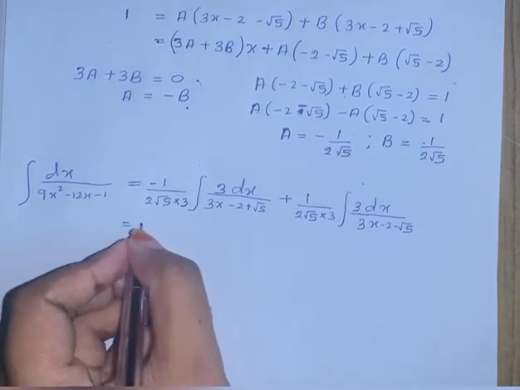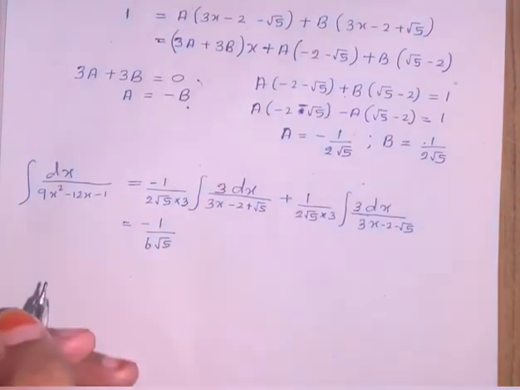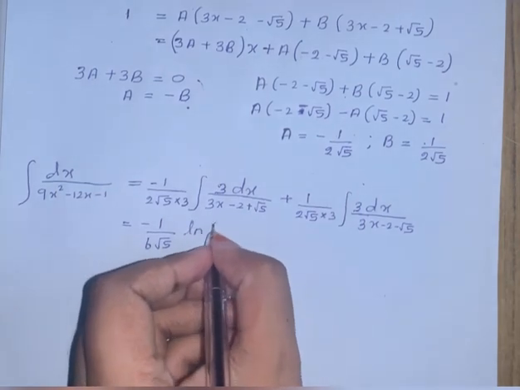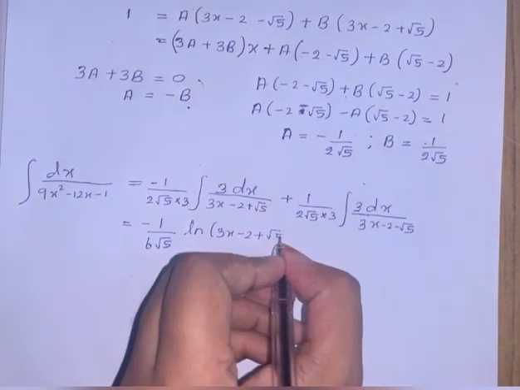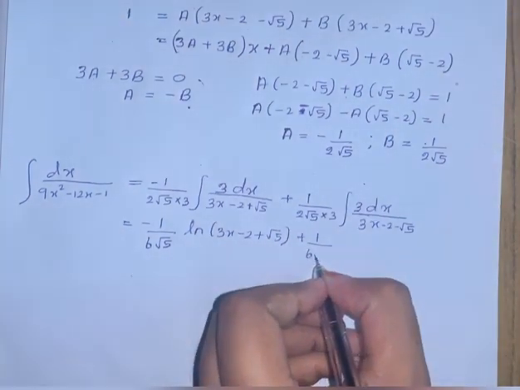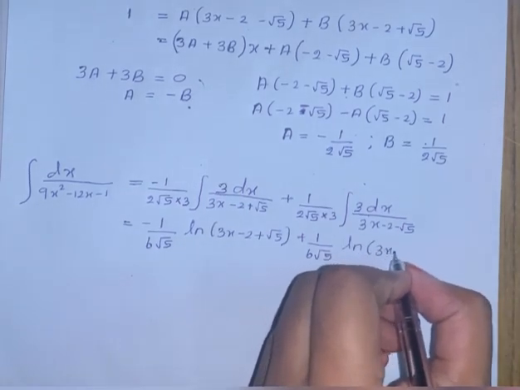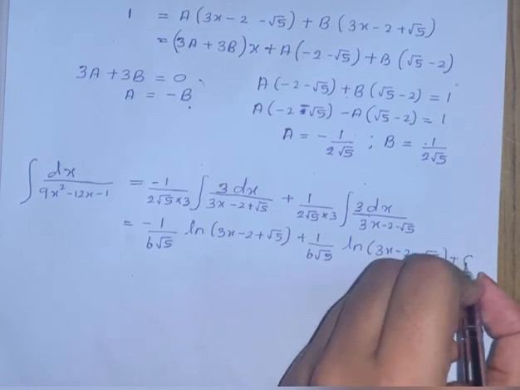So if we calculate, we will get 6 minus 6 root 5 ln 3x minus 2 plus root 5 plus 1 over 6 root 5 ln 3x minus 2 minus root 5 plus c.